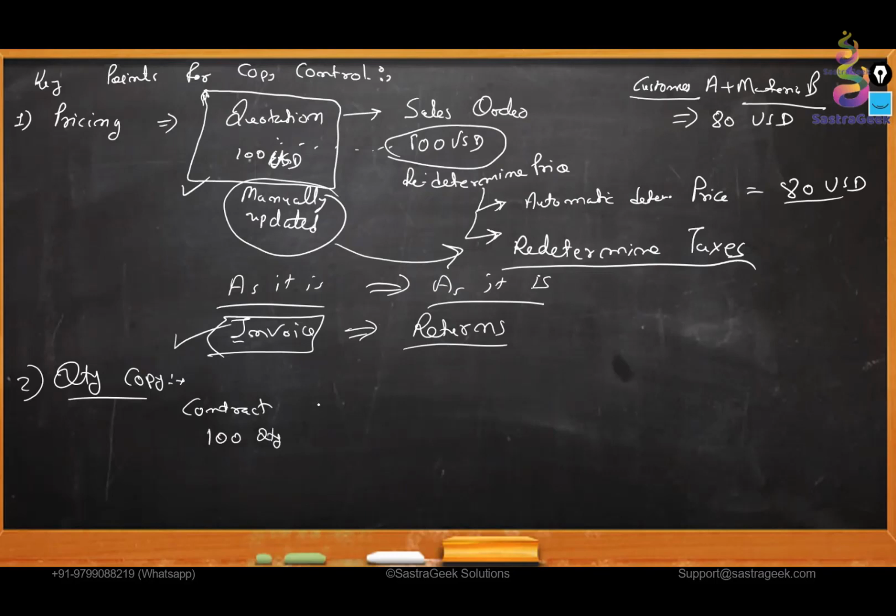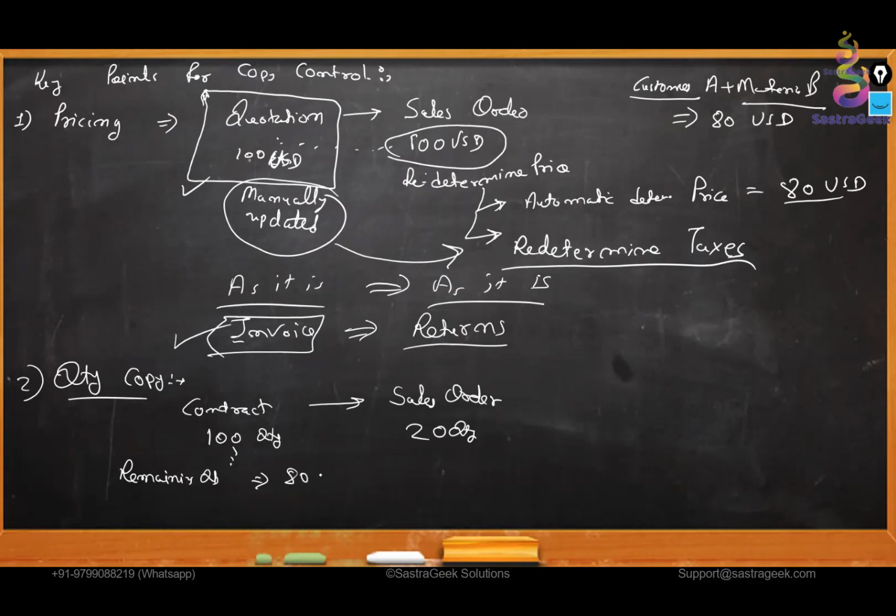When you create a sales order of 20, how should you think, how should the system behave? Technically, the system should consider that the remaining quantity after this is 80.